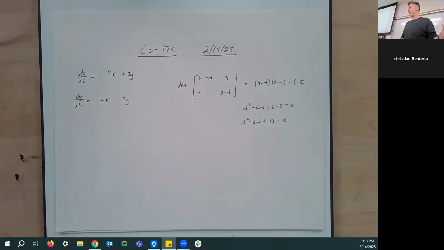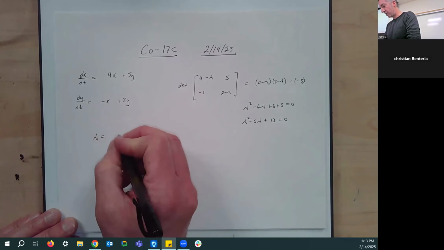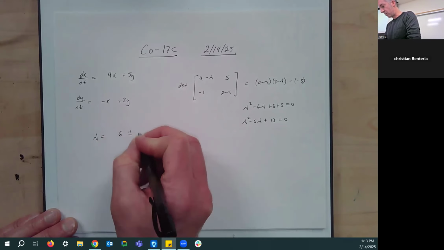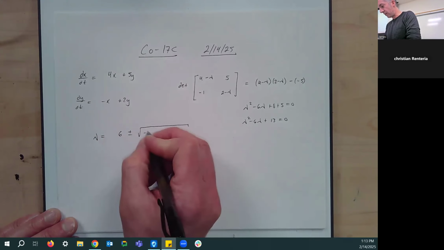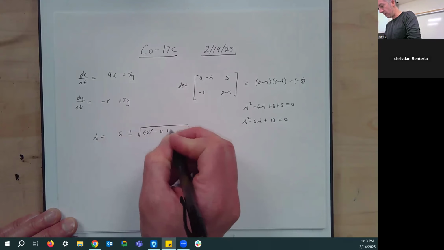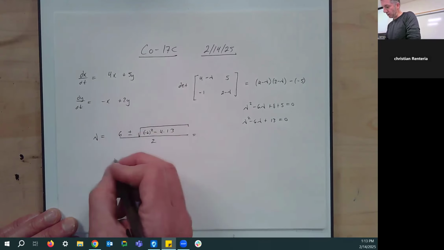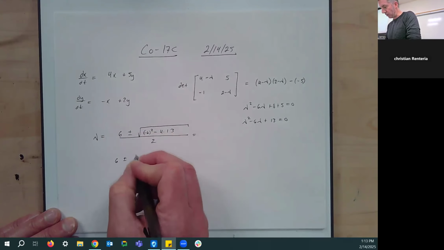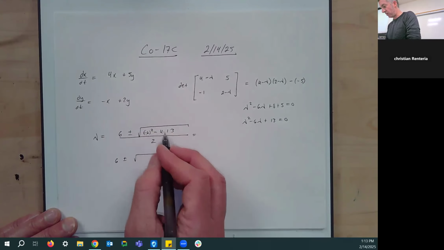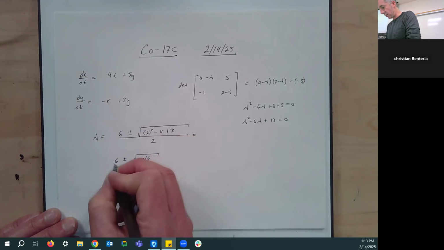You still have to throw it into the quadratic formula and figure out what your eigenvalues are. So we plug this into the quadratic formula, we're going to get lambda equal to negative negative 6 plus or minus the square root of negative 6 squared minus 4 times 1 times 13, all divided by 2, which ends up being 6 plus or minus the square root of 36 minus 52, which is negative 16, all divided by 2.